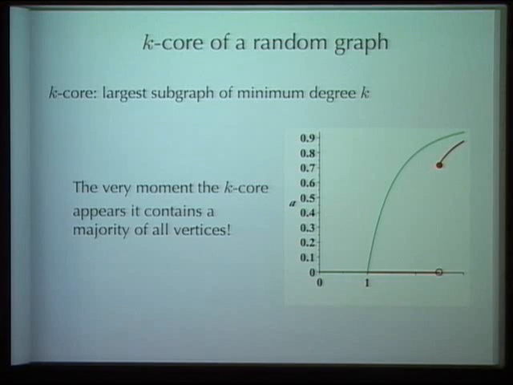One can prove that the very first time you add an edge such that the answer to this question becomes yes, the core is going to contain a majority of the vertices in the graph. So a single edge takes you from absolutely no core to more than half of the vertices being in the core. So this gives you a different kind of phase transition, what a physicist calls a discontinuous phase transition, unlike the phase transition in the size of the giant component.